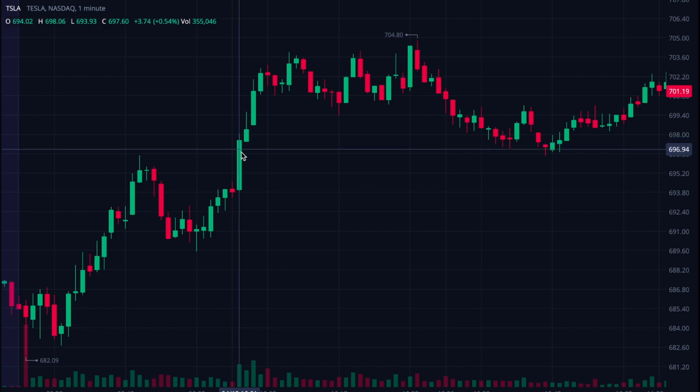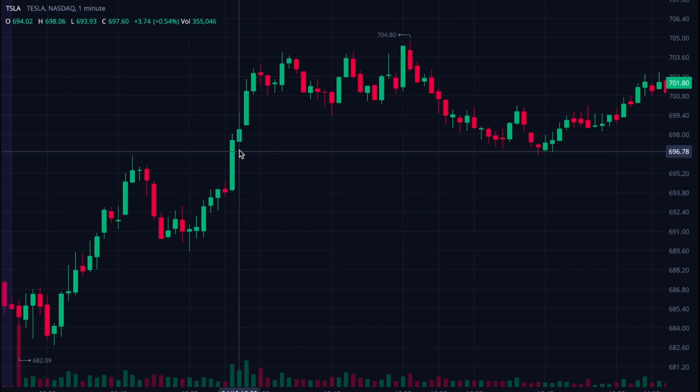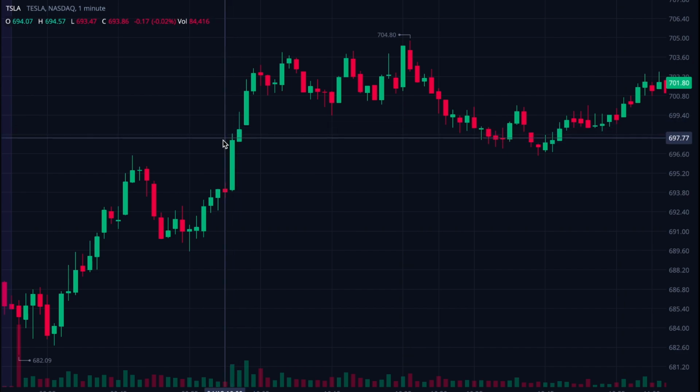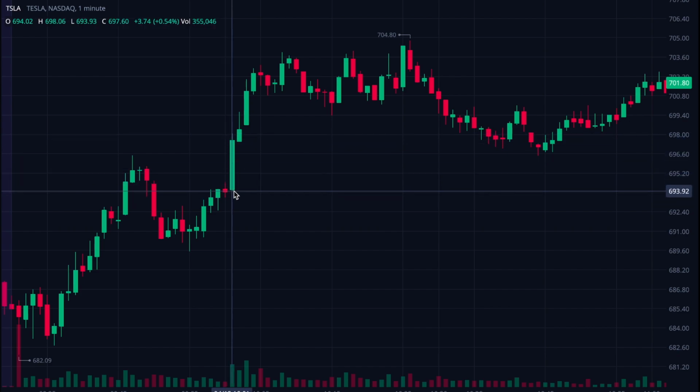this morning, because it's green, I know that the body of the candle is the solid part, and these little pieces that jut up from the top and from the bottom are called the wicks. Just like a candle, you have the candle body itself, and then you have a wick that points out the top, and a wick that points out the bottom.